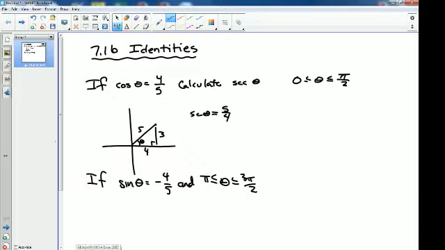So I've given you a negative value, right? And I've bounded theta. So sine is negative 4/5, and we have pi to 3 pi over 2. Calculate cosine.